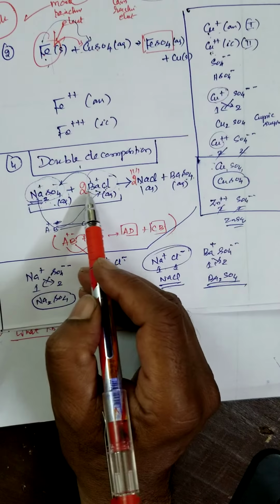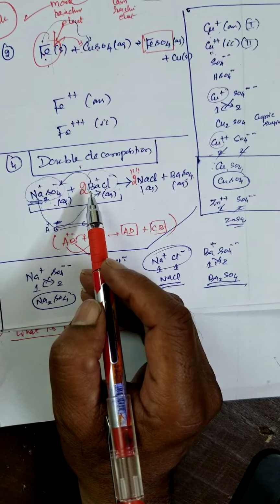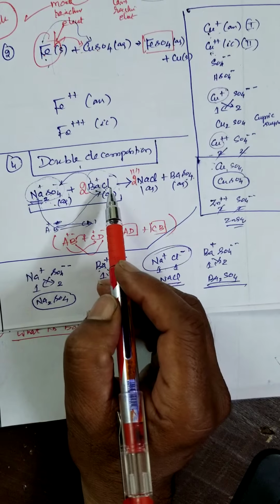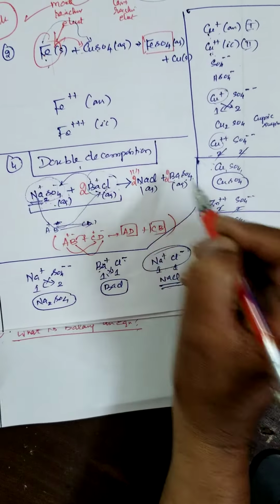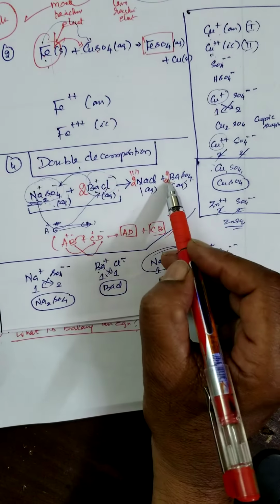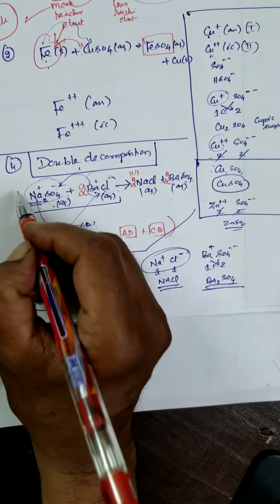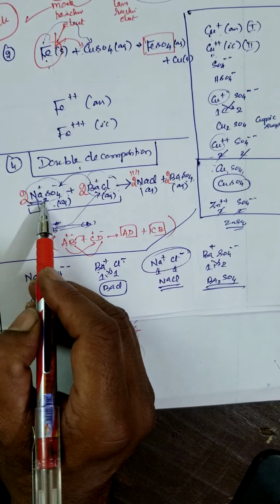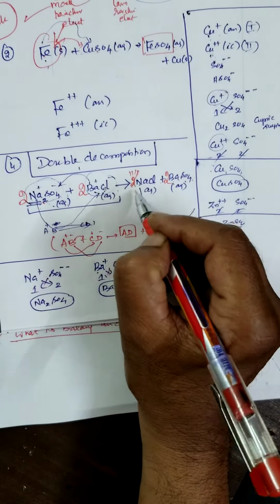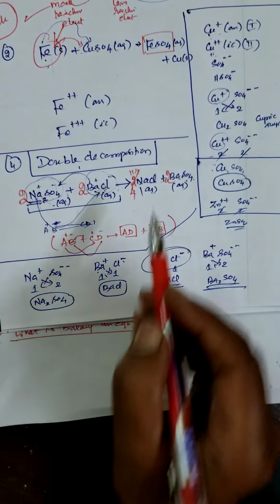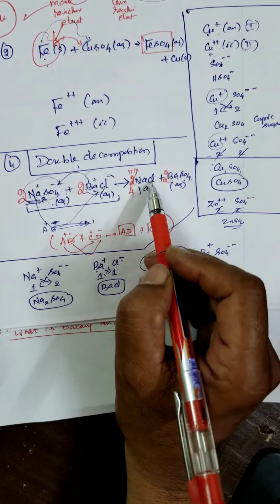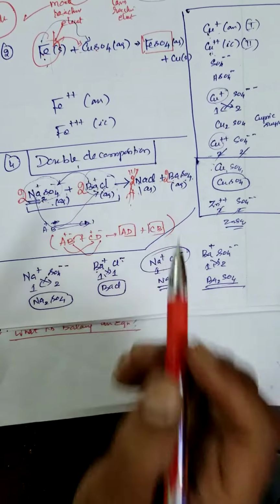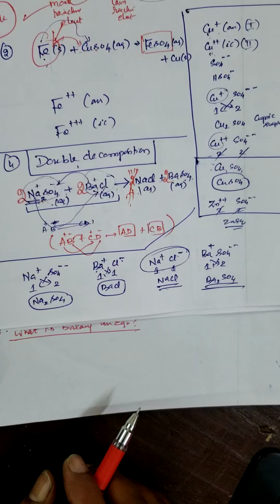If I write 2 here, again 2 barium, so here also I have to put 2 barium. Now 2 barium, then 2 sulfur, here 1 sulfur I write 2. Then it becomes 4 sodium, therefore I write 4. 4 sodium, then 2 chlorine. It's not at all balancing properly.